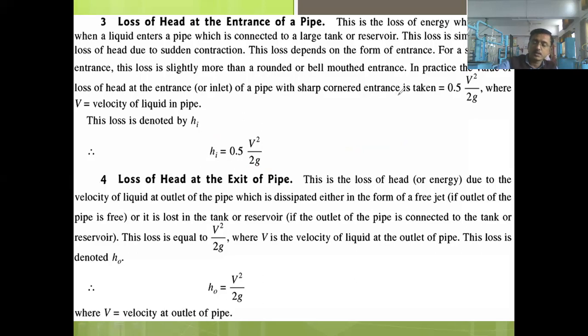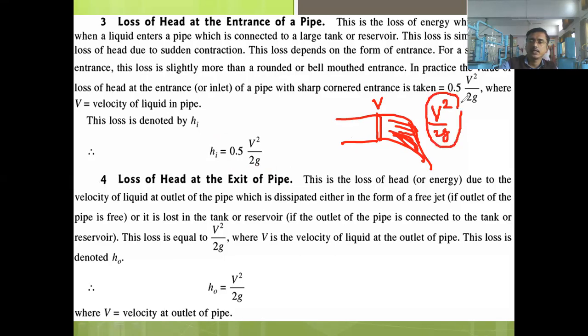Whatever head is there, that total head is going to be lost here when the water comes out through the pipe. What is the velocity here? It is V. So total kinetic energy is being lost here. This kinetic head can be represented by V square upon 2g. So this is the head loss at the exit of pipe.